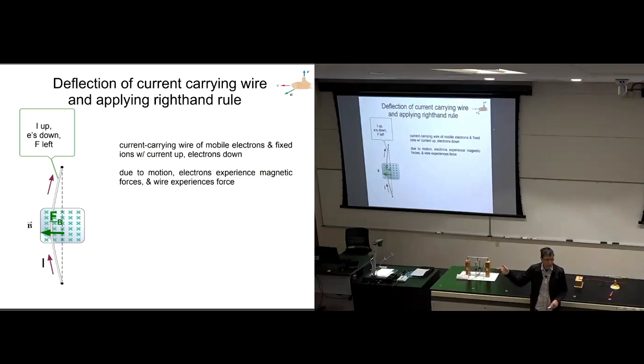So if you flip the direction of the current, you're going to flip the direction of the magnetic force. If you flip the direction of motion of the electrons, you're going to flip the direction of the magnetic force if you're not changing the magnetic field. And so that's what's shown here. We got a deflection now that is towards the left rather than towards the right.